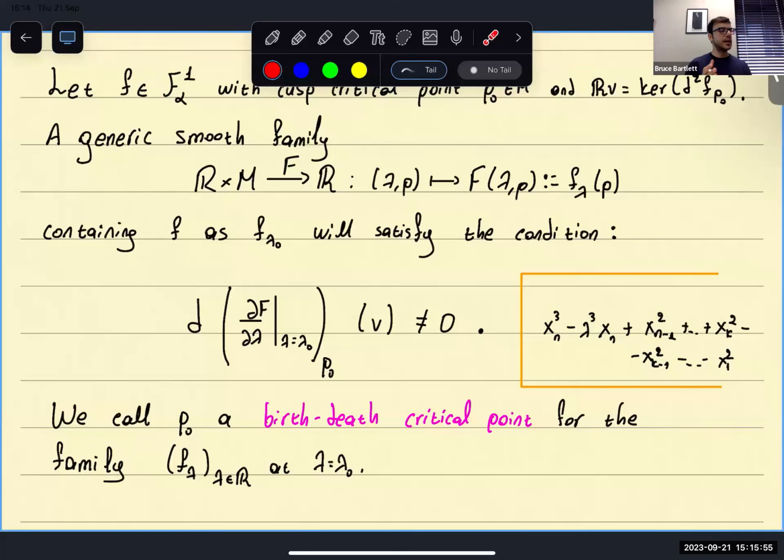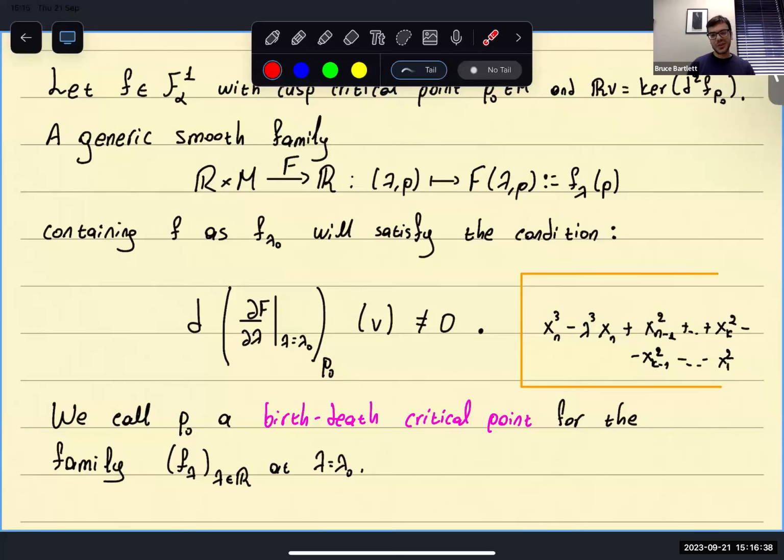So if I look at the partial derivative in the time direction for the path at time lambda 0, which is the time when the path crosses F1, this partial derivative is itself going to be a smooth real valued map, and its differential at the critical point evaluated at v must be non-zero.